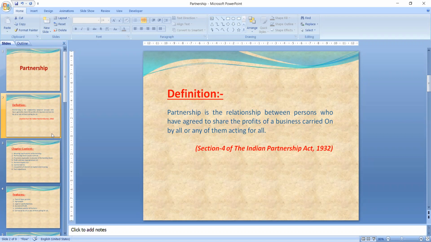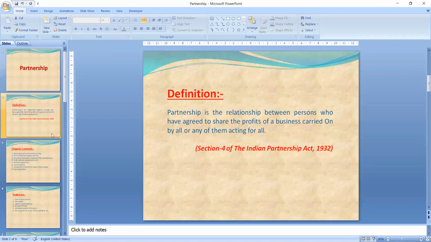So the difference is that company registration is required first for operation, and partnership does not require any registration.